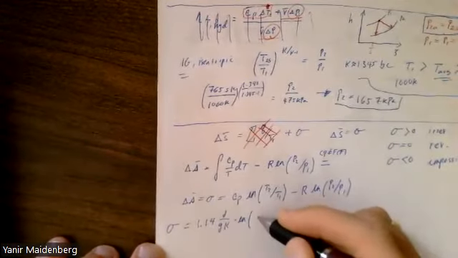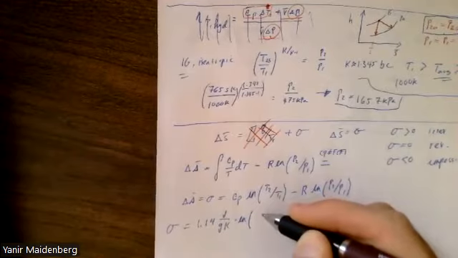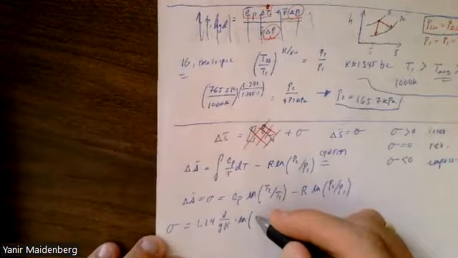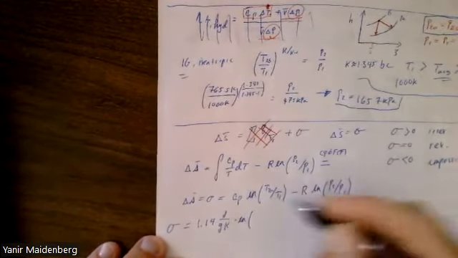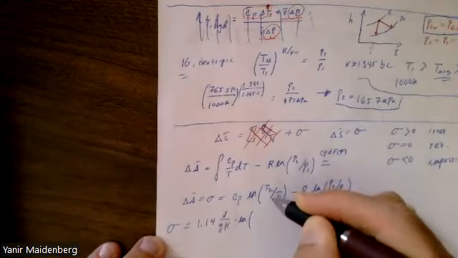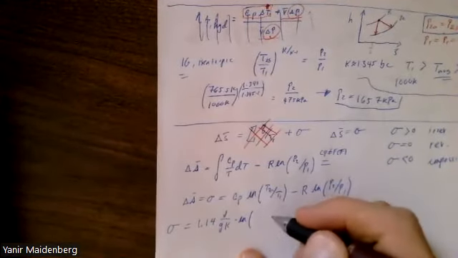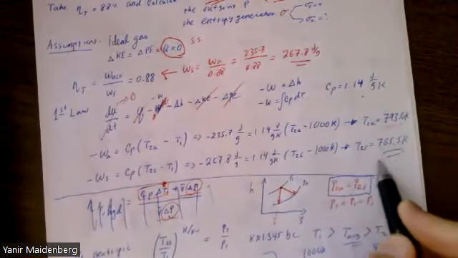This is going to be for the actual process, not the reversible process. If you put the reversible process, you should get that this is 0. So put the T2A, T2 actual. And P2 doesn't matter, it's the same P2. If we put T2S, it should be about 0. So T2A, we evaluated it to be 793, not this one. Again, if you put this guy, it's going to be 0.